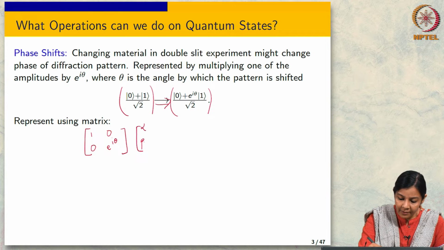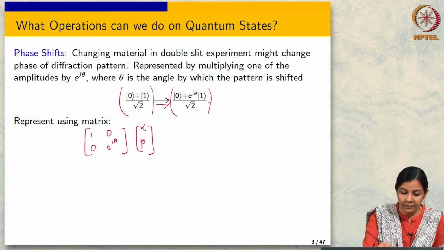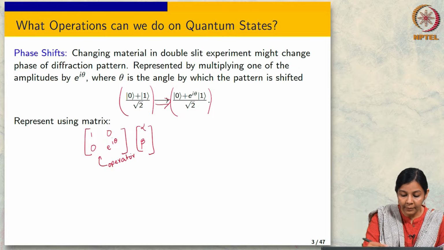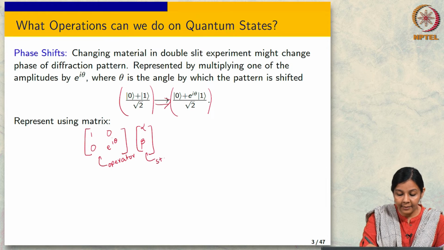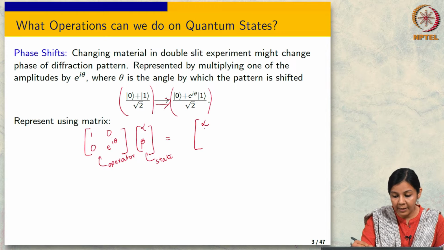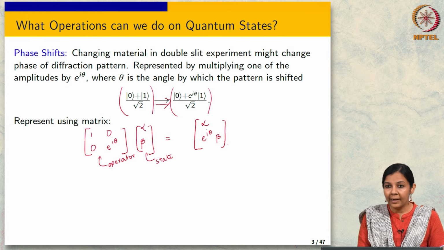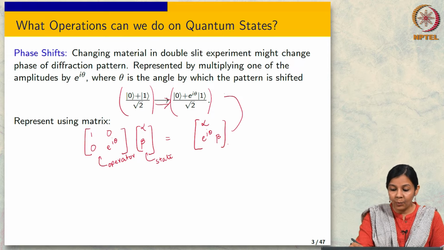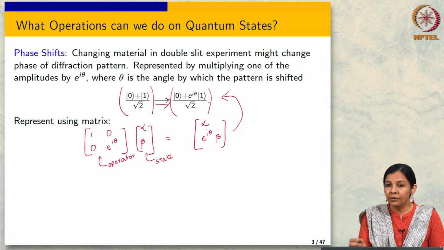Let us say this is my phase shift operator, and this is the quantum state. Then what does this give me? Just a simple matrix multiplication. It is going to give me alpha, e to the i theta beta, and this is exactly what we had over here. So this is the phase shift operation, and here really any theta is fine.